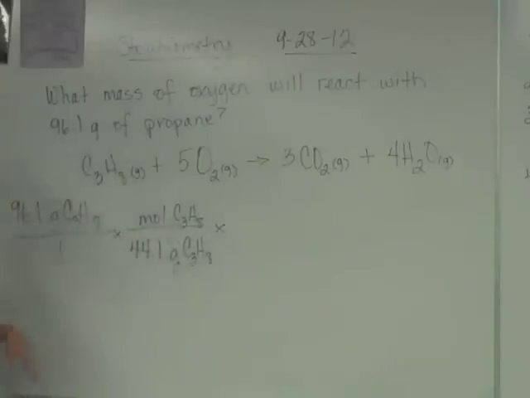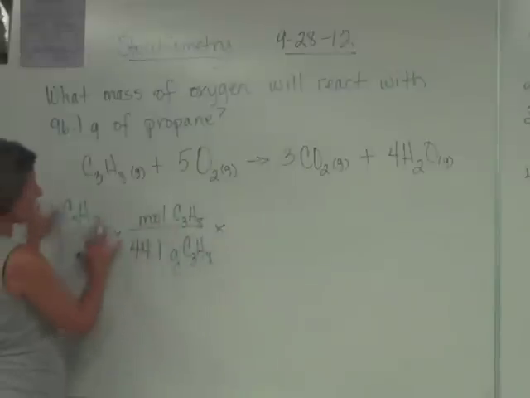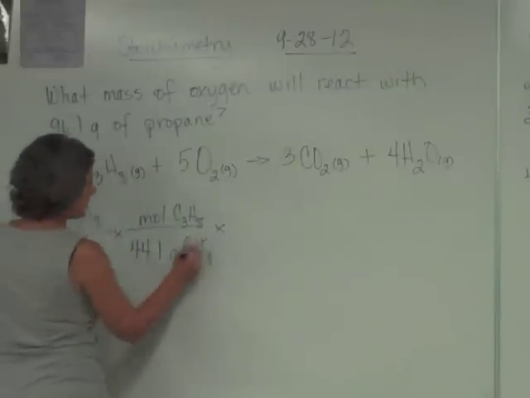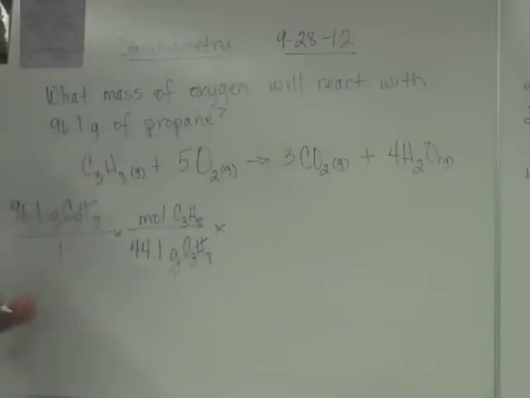Essential. Because they're going to guide you in what you have to do next. Great. I've got moles of propane. I know this part is set up correctly because my grams of propane will cancel. Okay, so now I've solved for moles of propane, so I know how many moles of propane this represents.